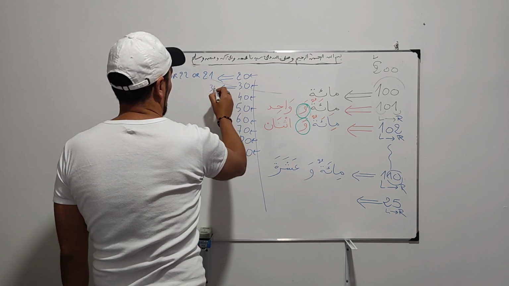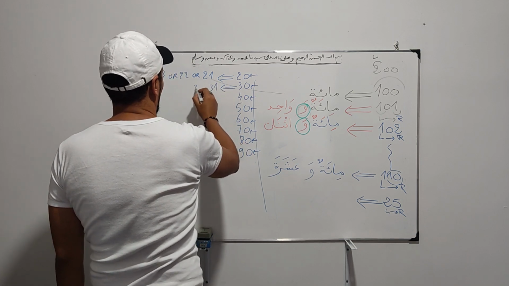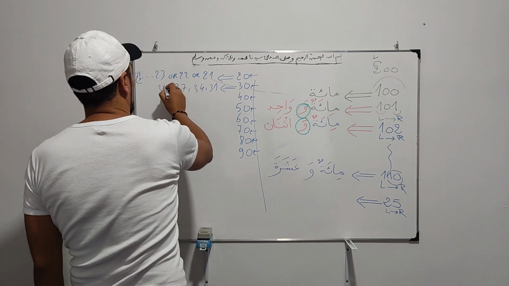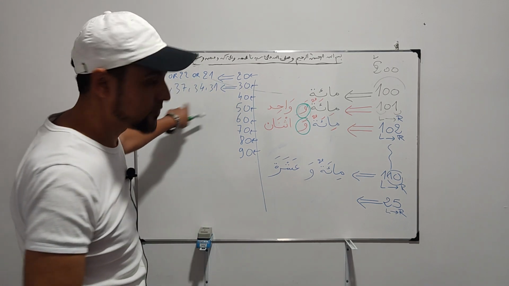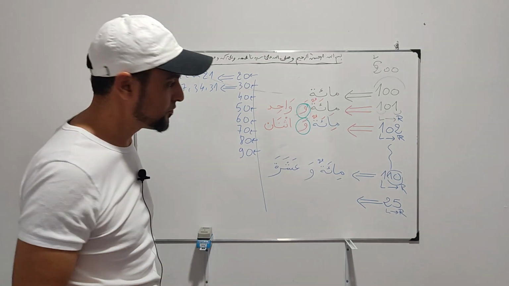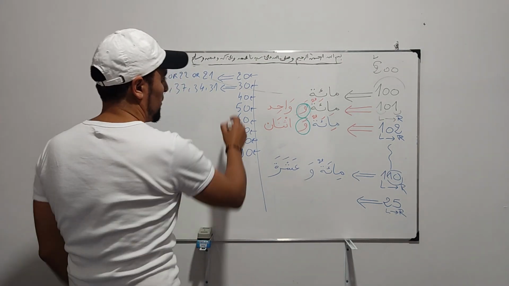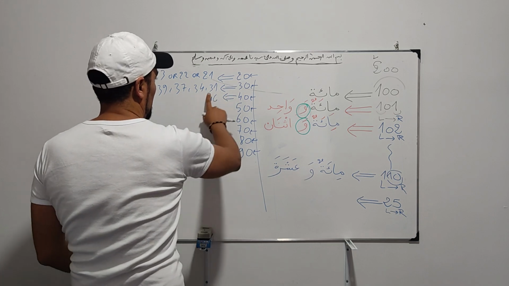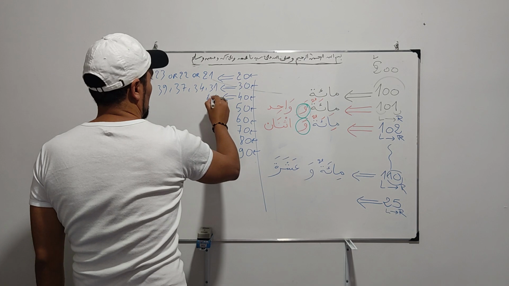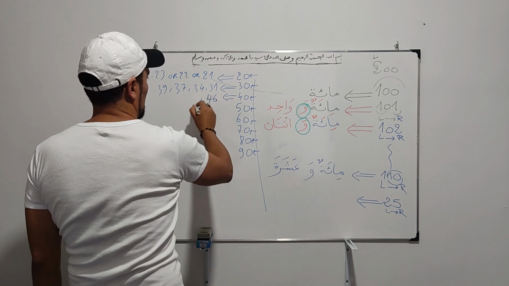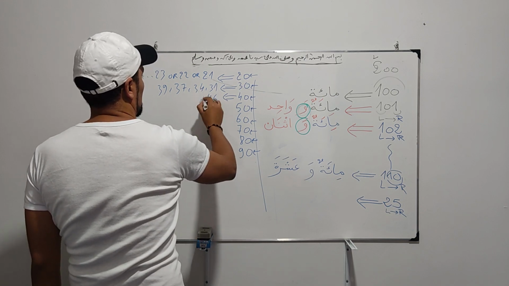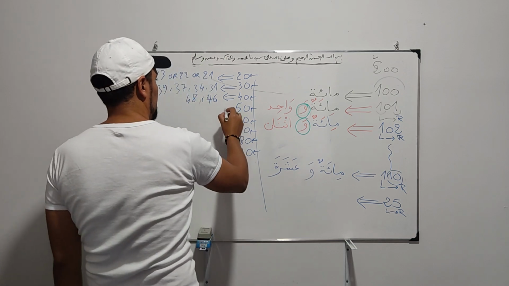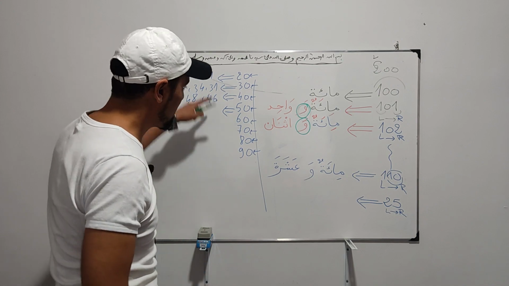Or here, for example, 31, 34, 37, 39, whatever. If you add any number, it is the same thing. 46, for example, or 48, just an example.